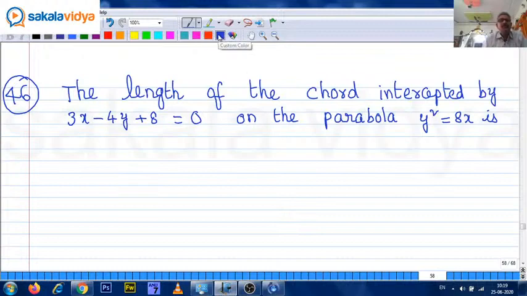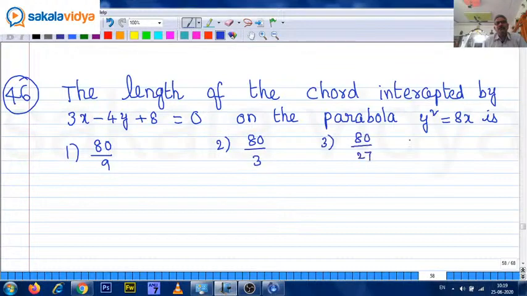So now first option is 80 upon 9, second option is 80 upon 3, third option is 80 upon 27, fourth option is 80 upon 81. This is the question.